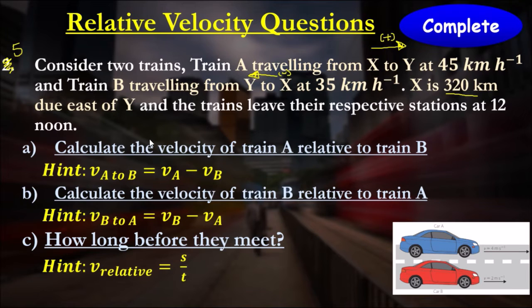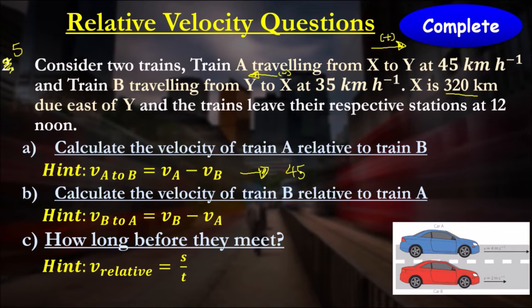Okay, it says calculate the velocity of train A relative to train B. If we have a look, clearly they're moving in opposite directions, as the vector arrows show. So this time we can actually skip through it because we are quite comfortable with this now. If they're both moving in opposing directions from each other, we simply add the velocities together.